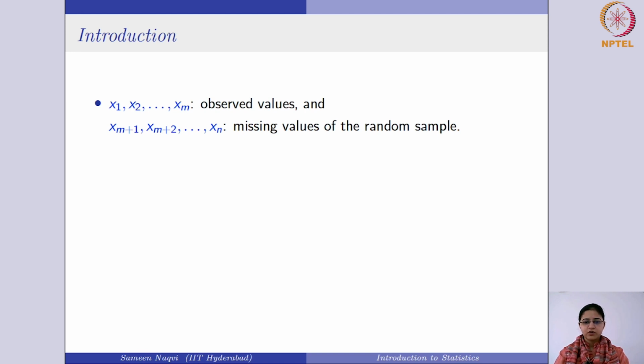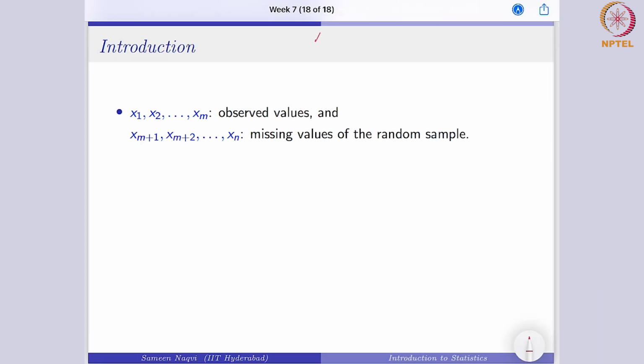So let us understand what it is. x1, x2, ..., xm first, and xm+1 and so on up till xn. These are the random variables representing your random sample, and the small letters are used for the realized values.